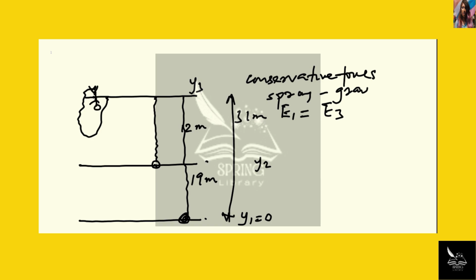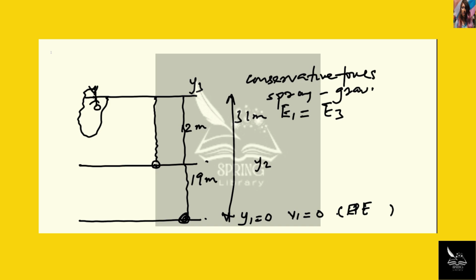So at this point, when she is at the lowest point, the velocity of the jumper is 0. We have no kinetic energy, we have no GPE, but the only energy in the system is the elastic potential energy because the rope is stretched.